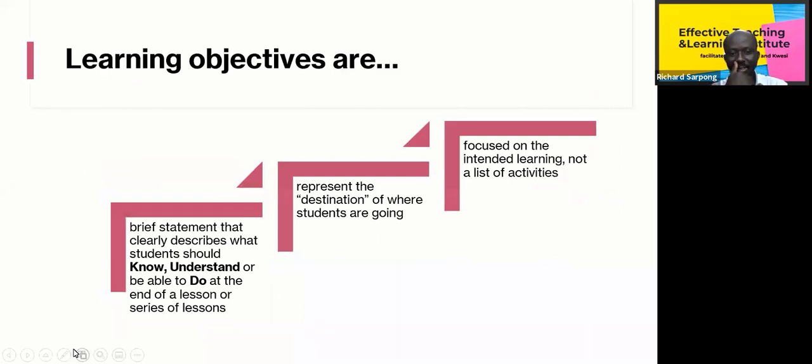So when we talk about a learning objective, we're talking about that brief statement that describes what students should actually learn. And the learning is the knowledge, what they need to know, the things they need to understand and the things that they need to be able to do at the end of a lesson or a series of lessons.